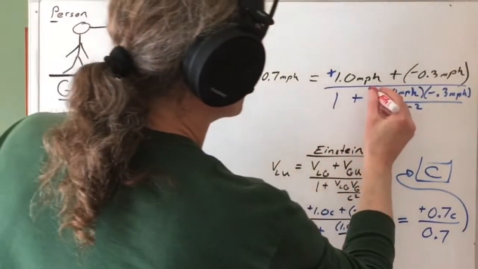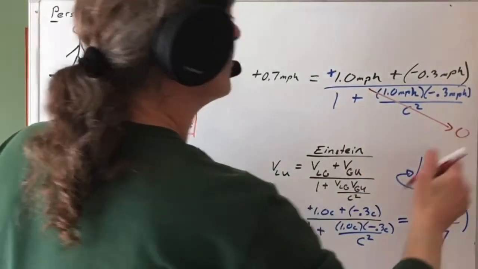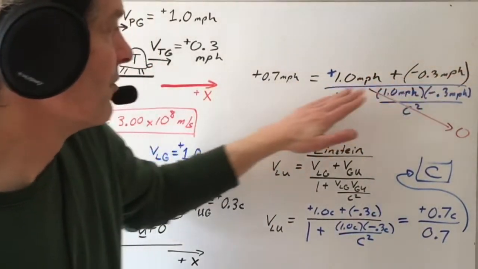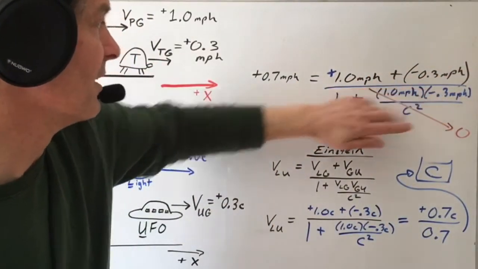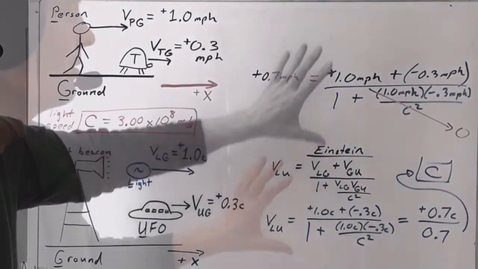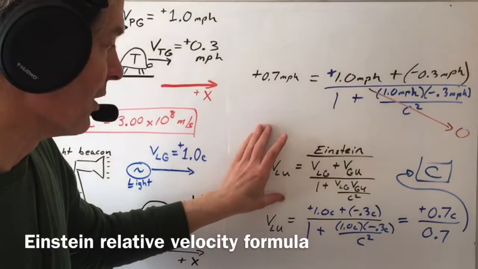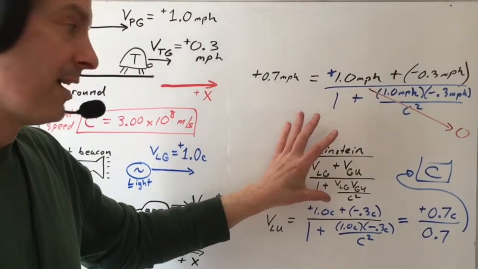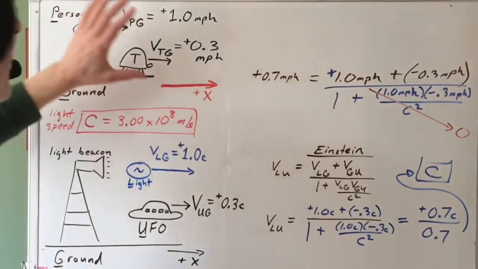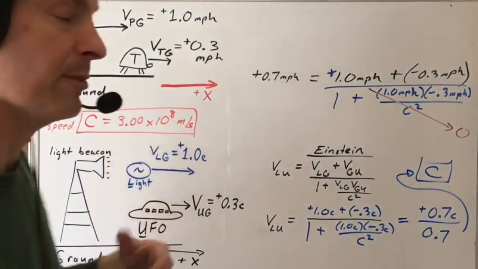For all intents and purposes, all of this is going to be 0. This divided by basically 1 gives you this. So the Einstein velocity formula not only works for high speeds, it also works for these ordinary speeds that the Galileo and Newton formula works for.